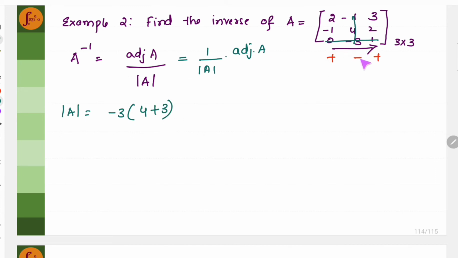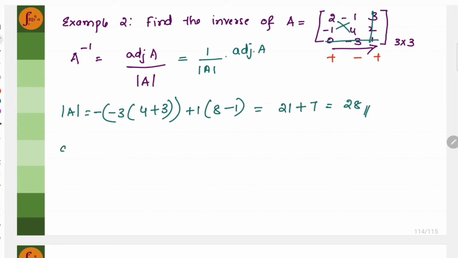We have to remember the sign. The sign is minus. Then we go to the next element, which is 1, plus 1 into 8 minus 1, which is 7. So 21 plus 7, and you get 28 as the determinant.